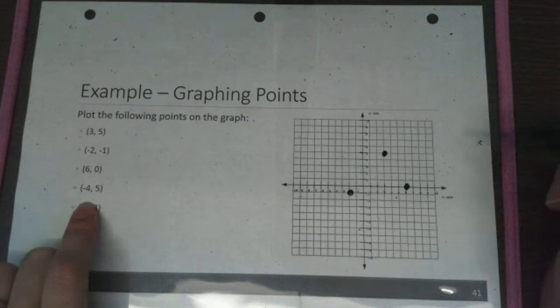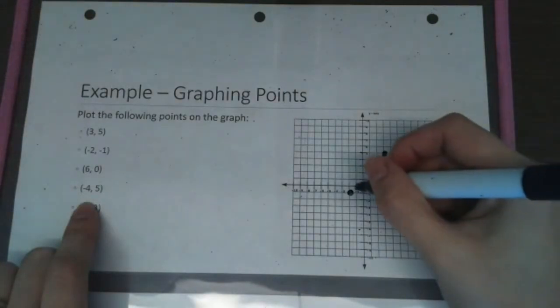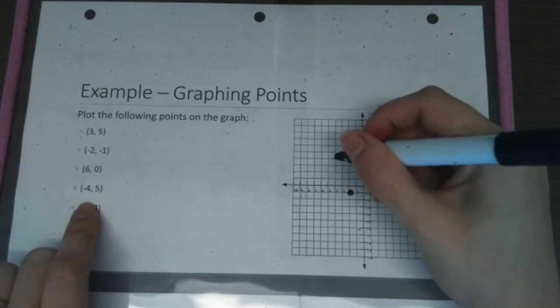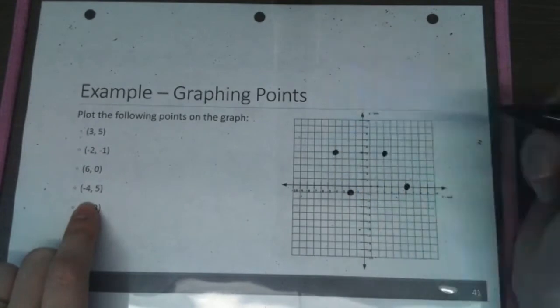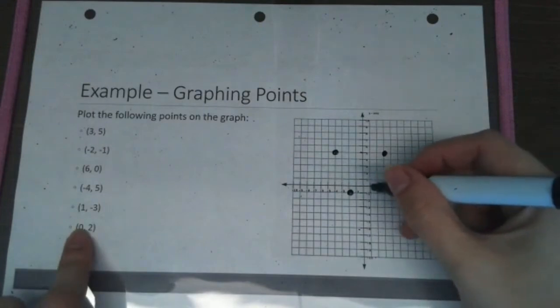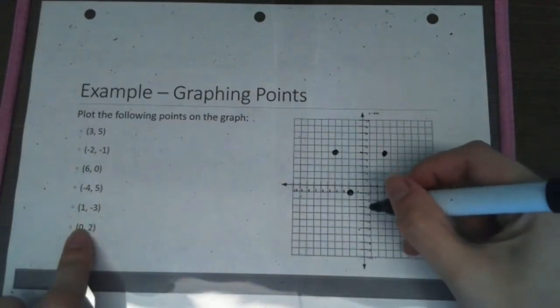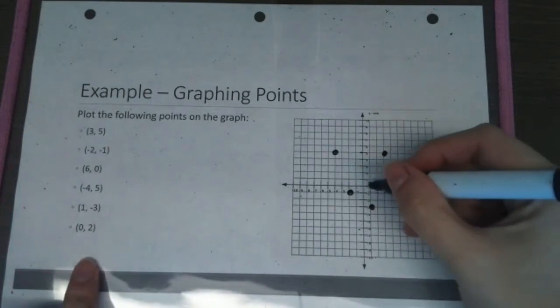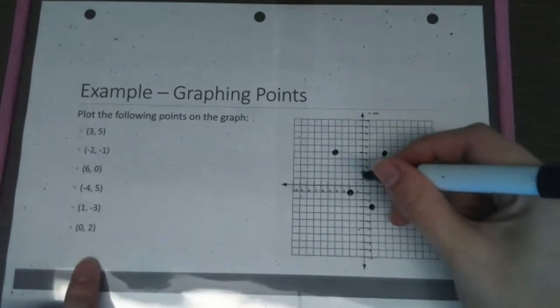Negative 4, 5: starting at the origin, we go to the left 4 and up 5. 1, negative 3: we go to the right 1 and down 3. 0, 2: we don't move left or right at all, we just go up 2 and place a point there.